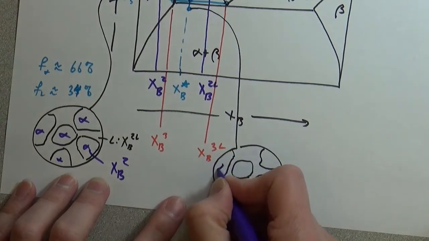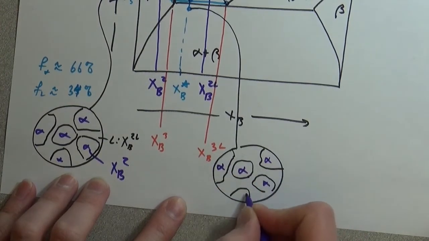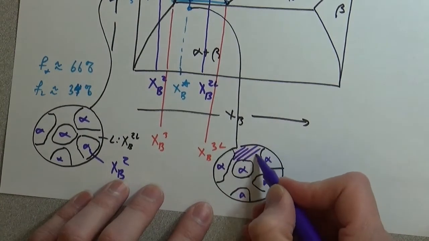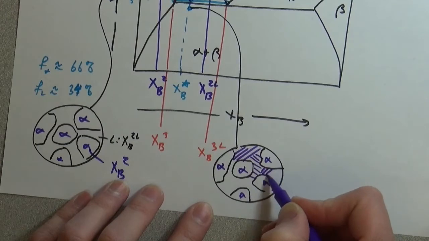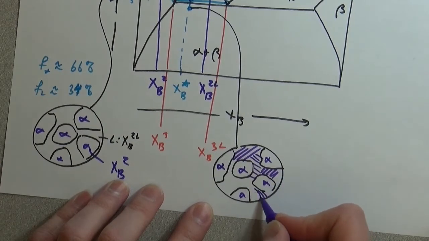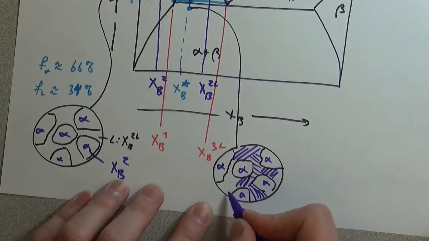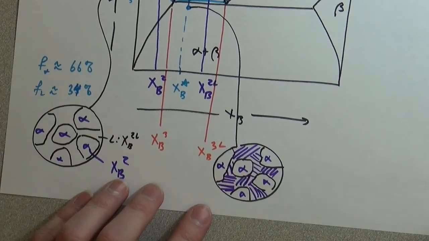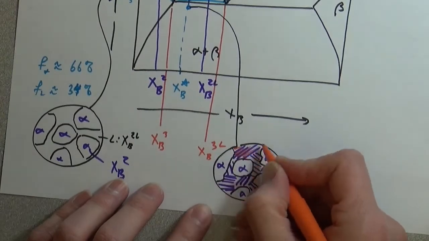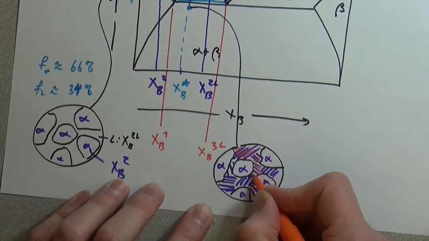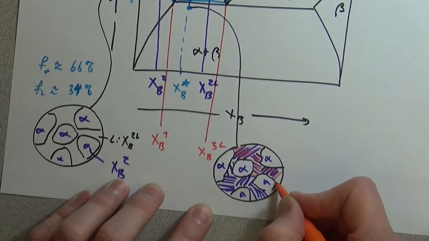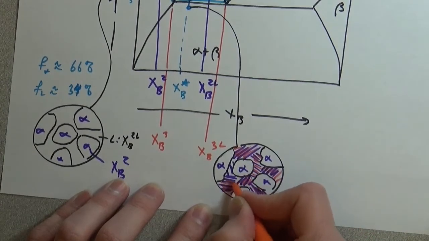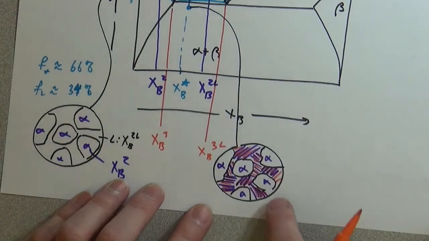Here we've got alpha, and now in this region we have a two-phase eutectic microstructure that fills in here.